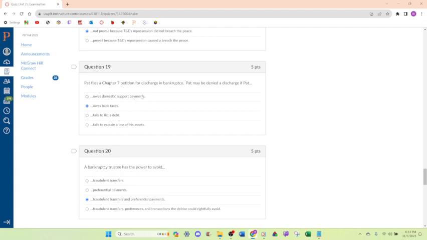I'm almost certain that both of these were non-dischargeable. Like, you can't be discharged from your taxes, but I thought I saw the word alimony in there. And isn't that a domestic support payment? That's what it is. But since there's only one correct answer, that would logically rule out both of them, unless somehow one of those two is actually dischargeable.